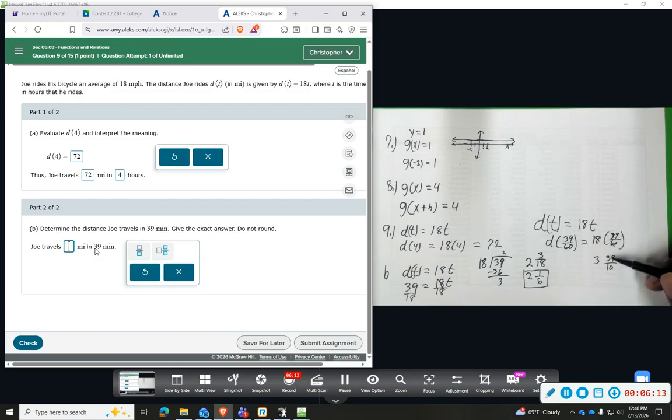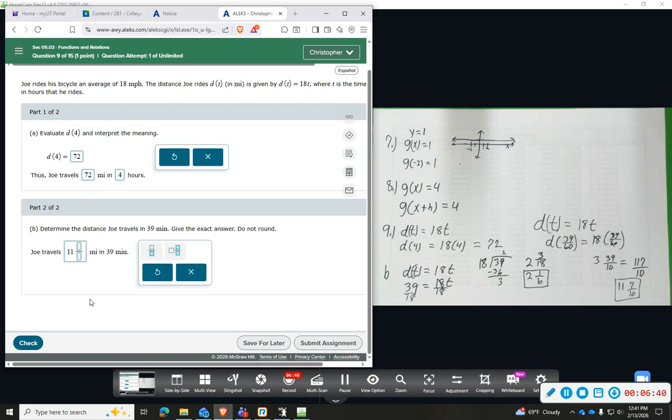Subtract 3, 117 over 10. And again, we can do division. 10 will go into 117 11 times. So 11 with 7 left over, 11 and 7 tenths. Sorry, misread that one. 11 and 7 tenths. So we got to see almost 2 problems. Either way it was 11 and 7 over 10.